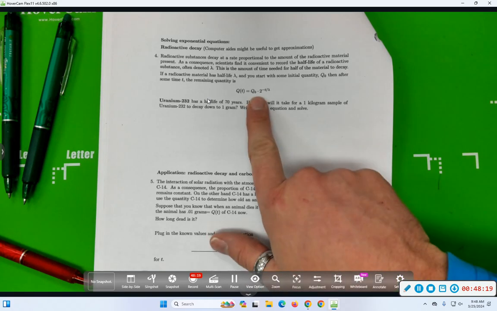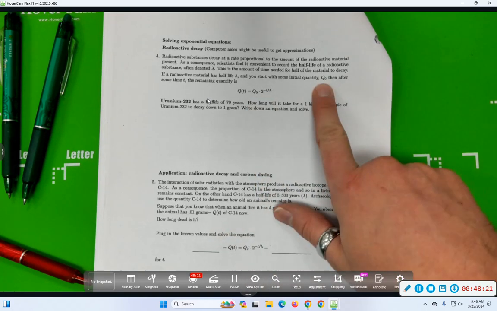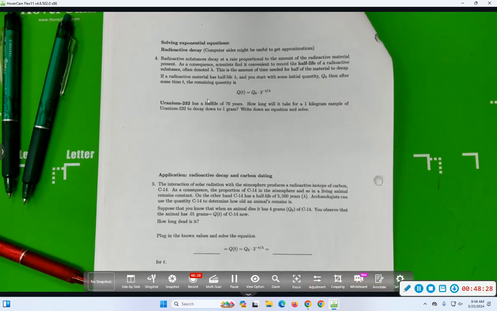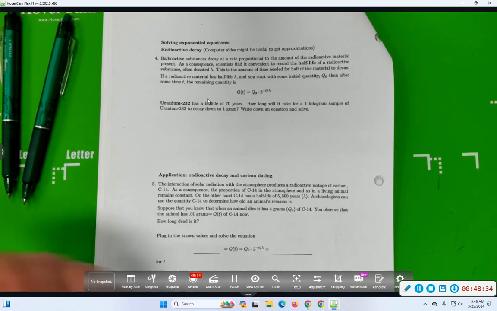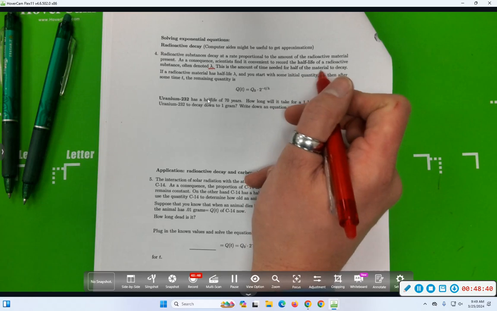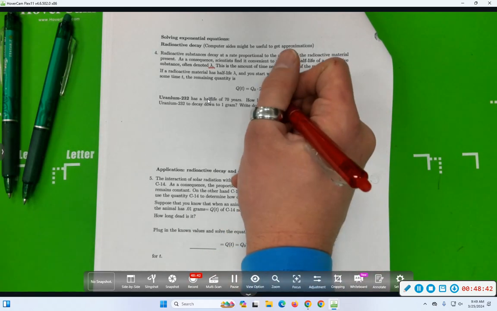So there's a relevant formula here. If you start with some initial quantity of a radioactive substance and wait some amount of time, you just need to figure out how many times you divide by 2 and then divide by 2 that number of times. If lambda is the half-life, that's the amount of time needed for half of the material to decay.